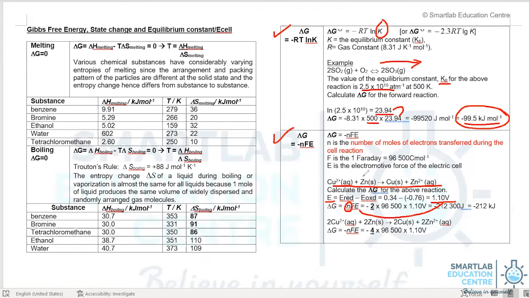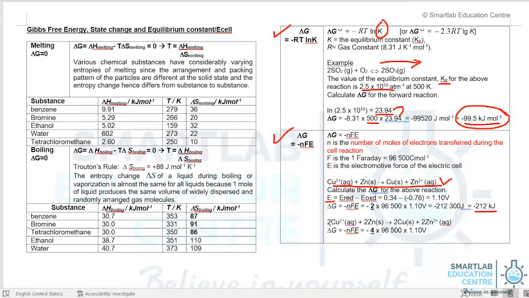So in this case, zinc has transferred 2 moles of electrons to copper, so that zinc can become Zn2+, while Cu2+ can become copper. Hence, we have to multiply by 2 here. So with that, we are able to obtain a value of negative 212 kilojoules, which indicates that it's again a highly negative value, indicating that the reaction is thermodynamically feasible.